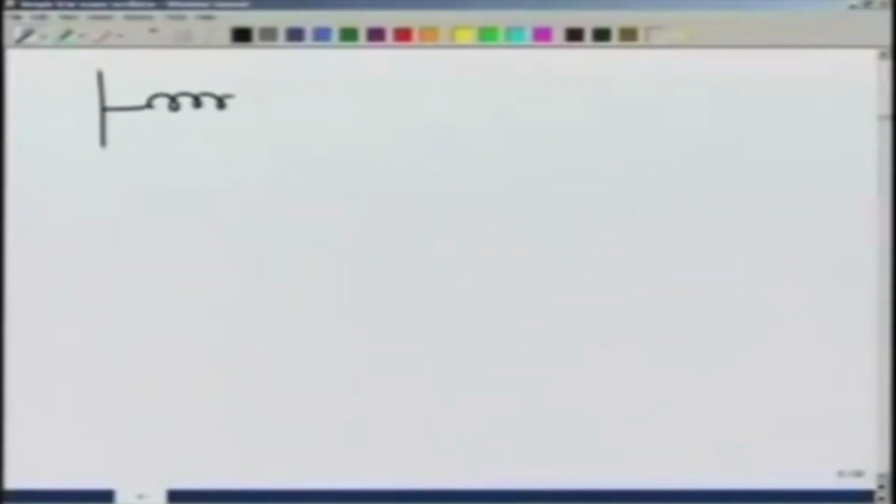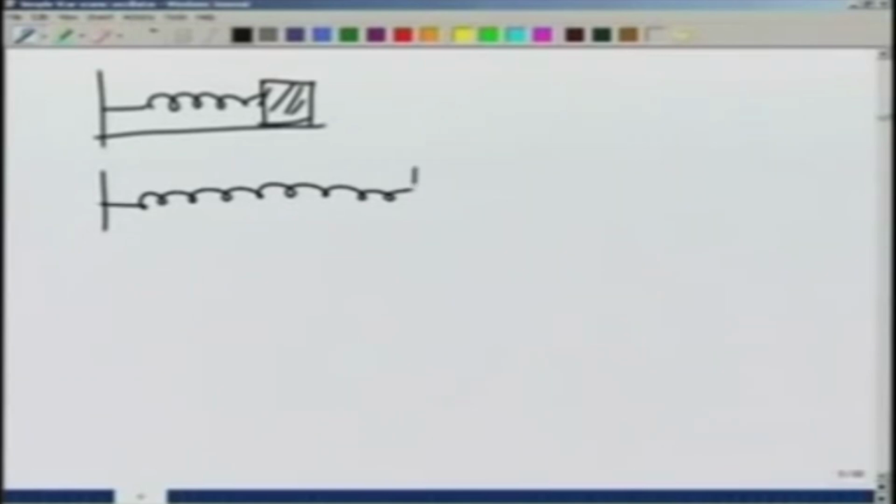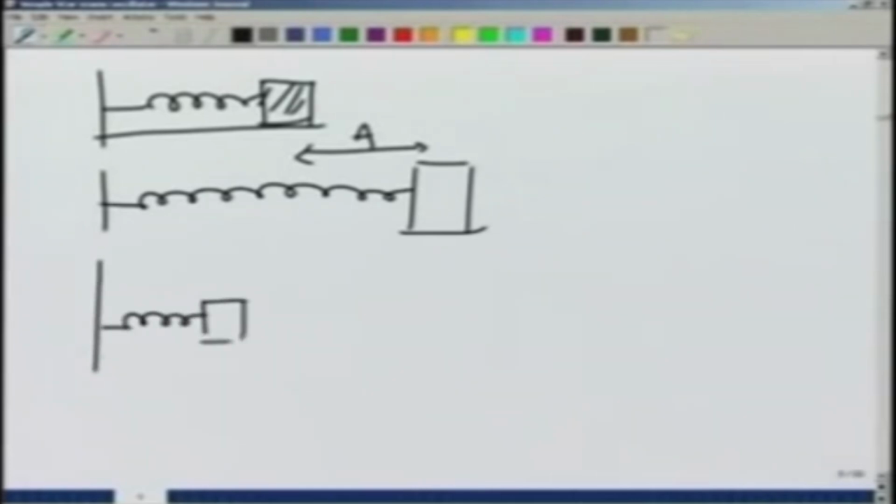As I said earlier, the same thing can be derived using energy methods, and let us see how. When I took this spring mass system, stretched it to a distance a and released it, by the time it stops, it moves a distance up to a1 from its equilibrium position.